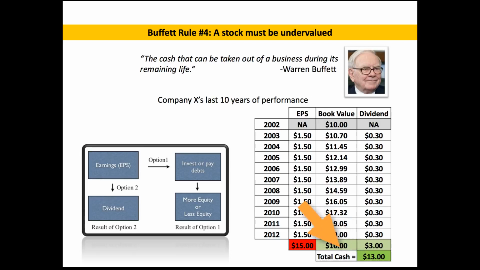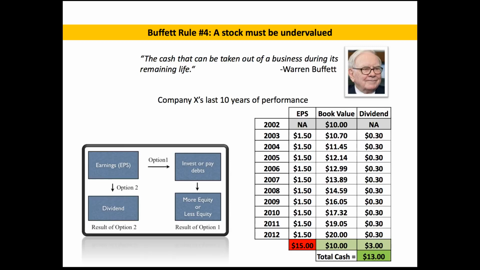You can see the book value grew by 10, and then we summed up all of our dividend payments, and that comes to $13 when we total those. So over a 10-year period, we essentially lost $2 just through the system that this company was operating. Okay, even though that profit was made, it fell through the cracks of the system, and you lost $2 in actual money that should have gone into your pocket.